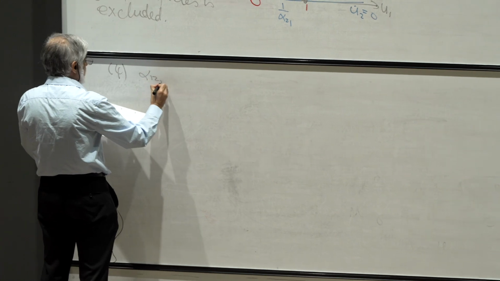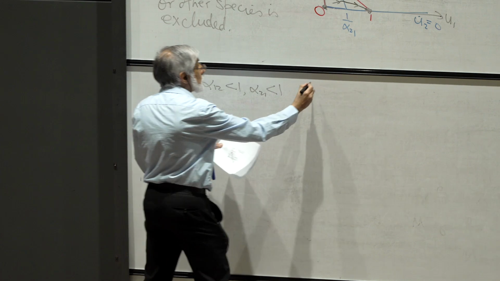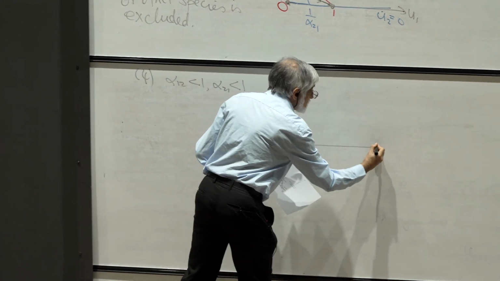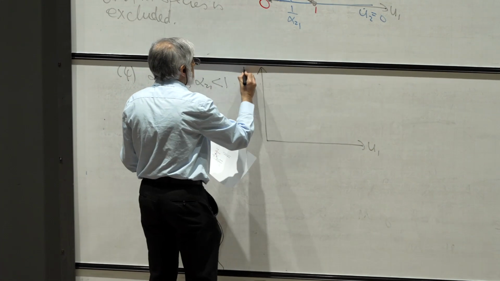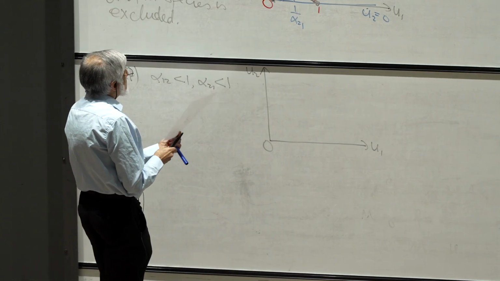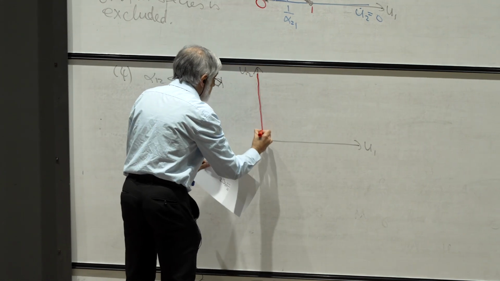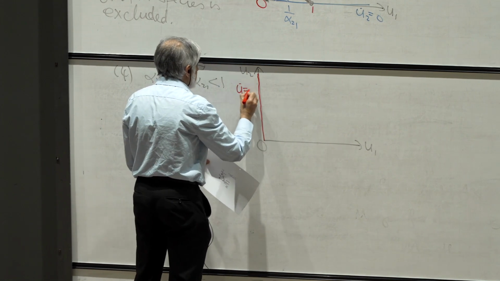So alpha 1,2 less than 1, alpha 2,1 less than 1. u1 dot equals 0.